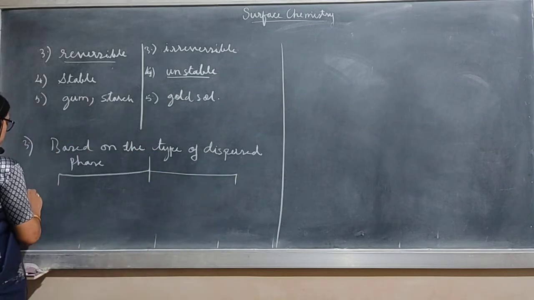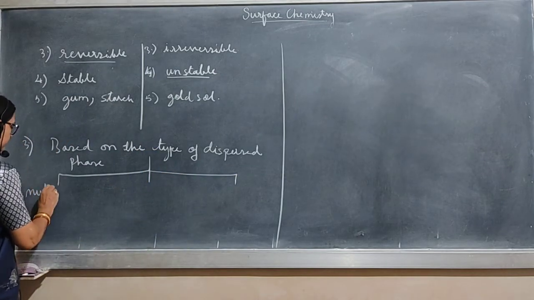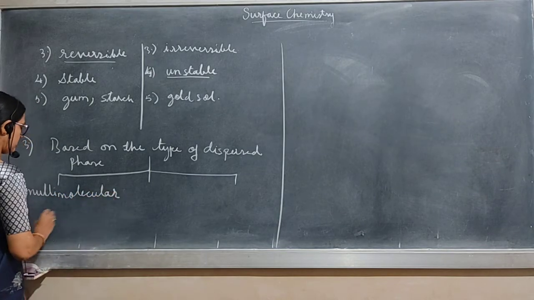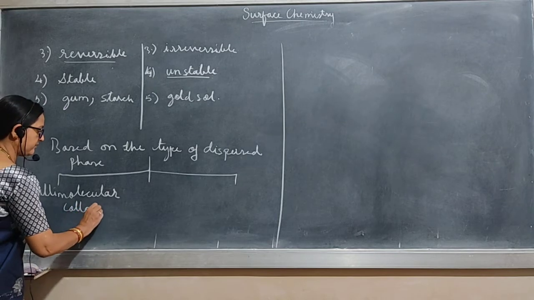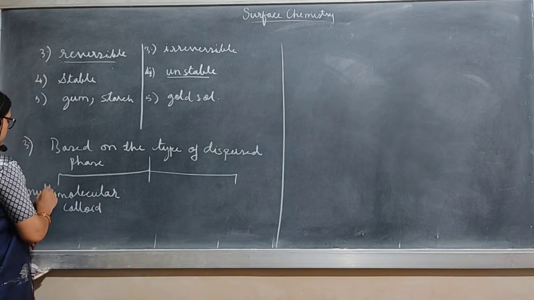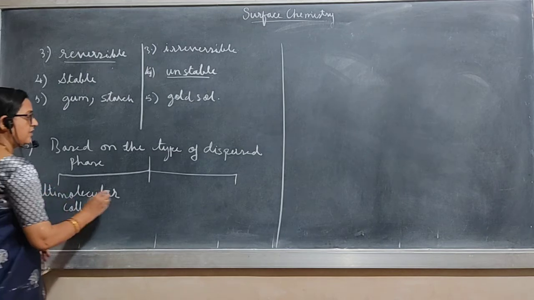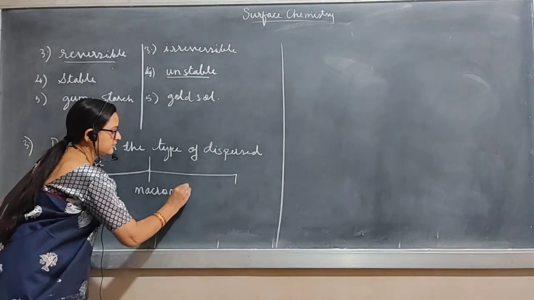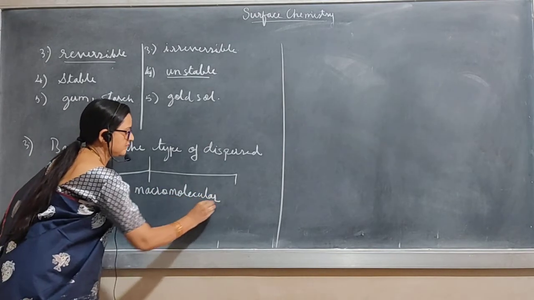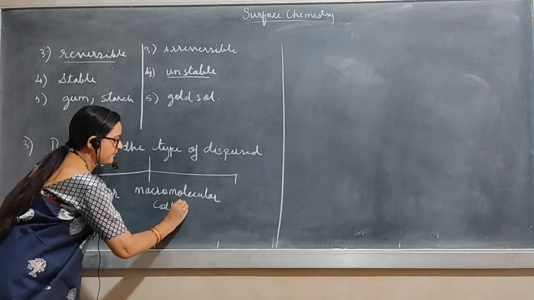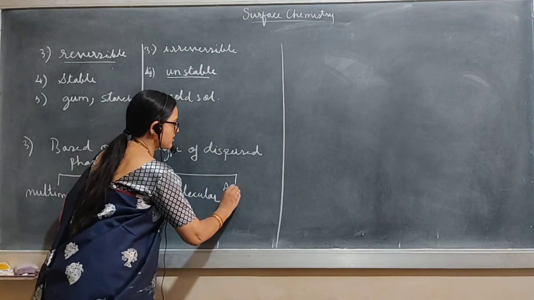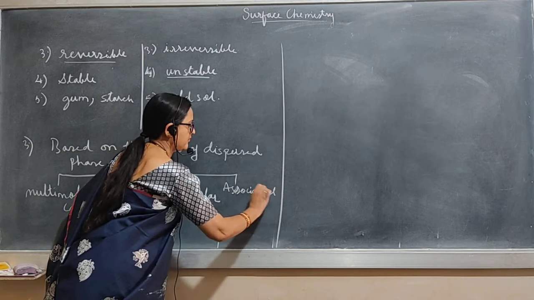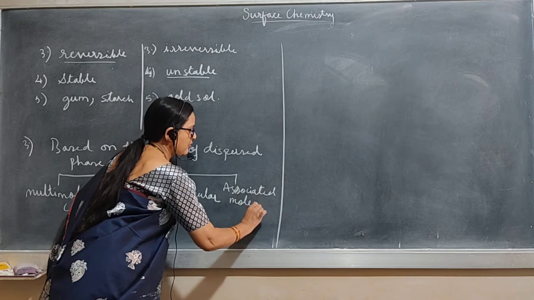One is multimolecular colloid. Another one is macromolecular colloids, and next is associated molecular colloids.